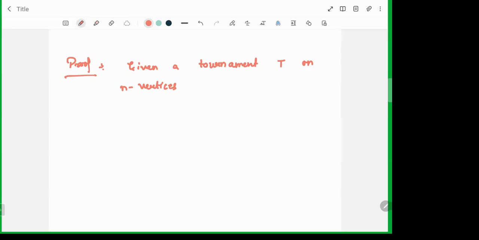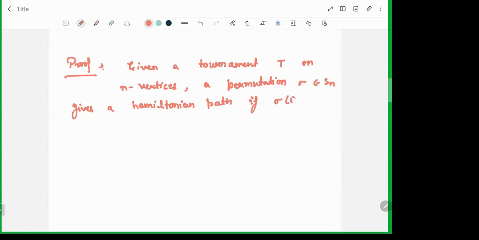So given a tournament T on n vertices, a permutation sigma in Sn gives a Hamiltonian path if sigma i, sigma i plus 1 is in T. This is the thing.